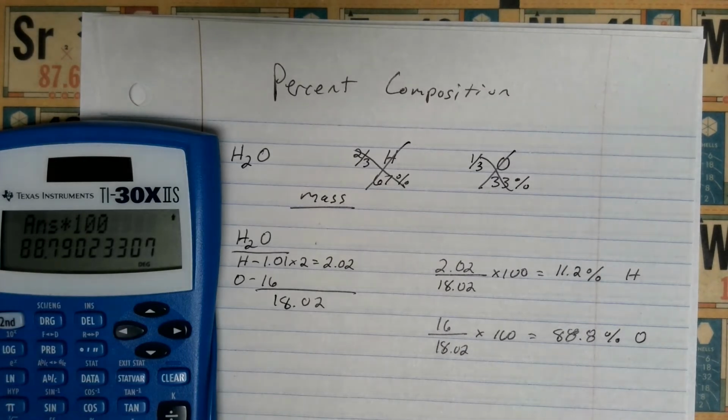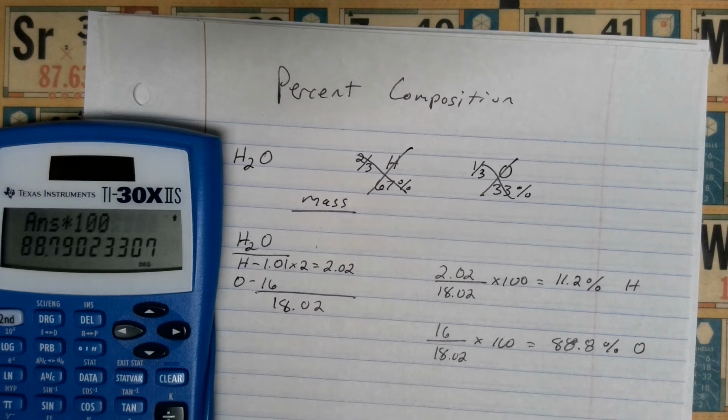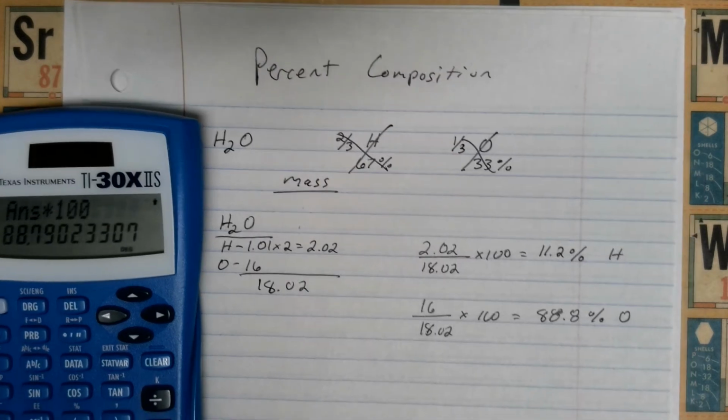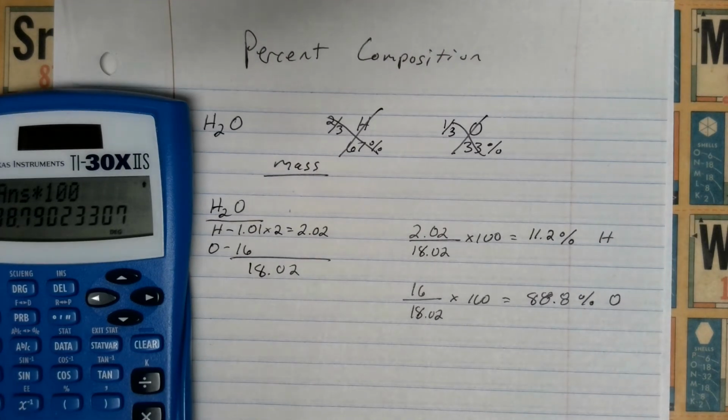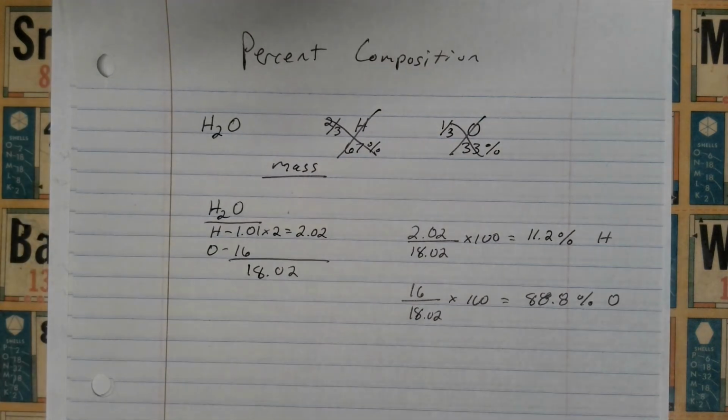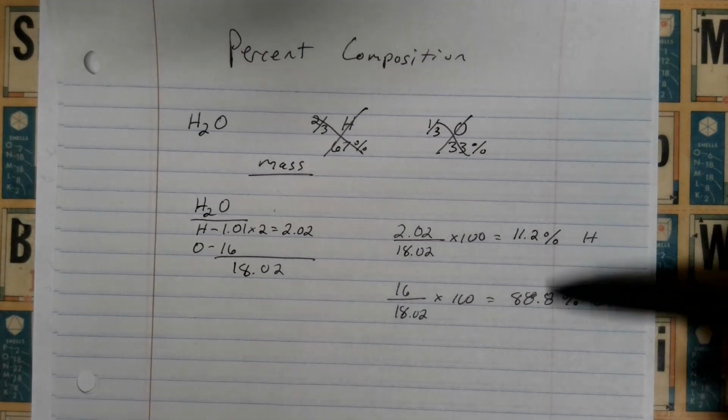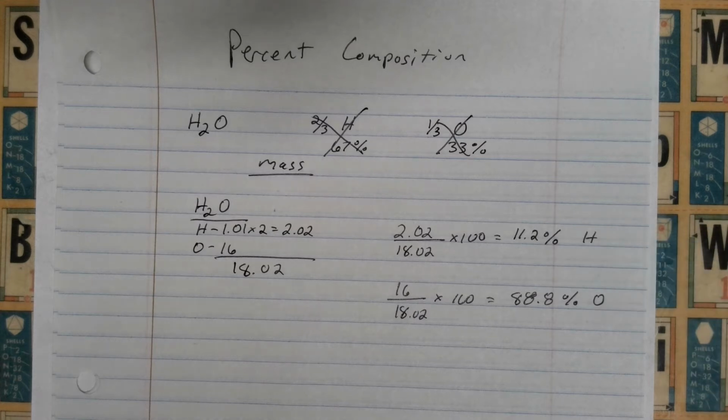So water is almost 90% oxygen, which makes sense because, again, oxygen is a much bigger element as far as mass goes than hydrogen. Okay, so when you're asked to do the percent composition, this is what I'm going to be looking for. Okay, is the percentage of hydrogen, the percentage of oxygen.